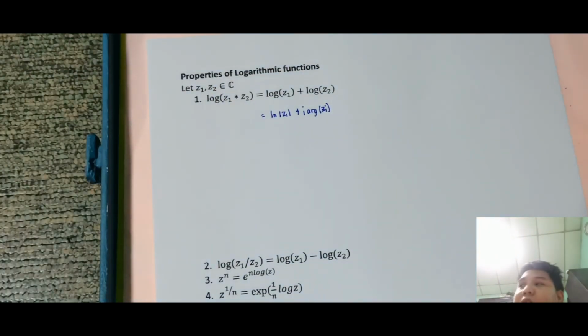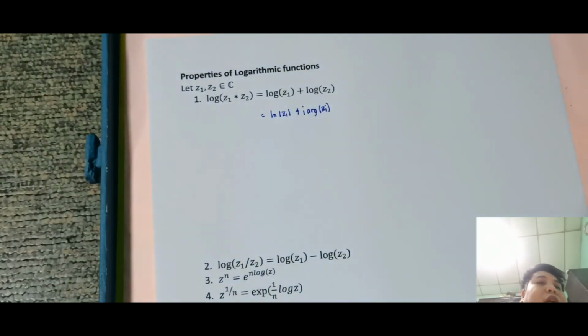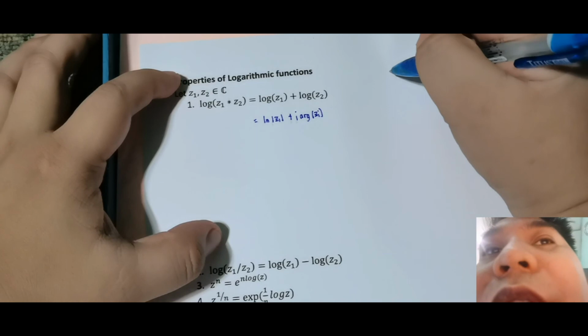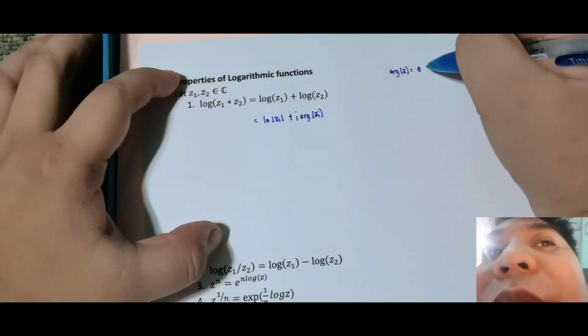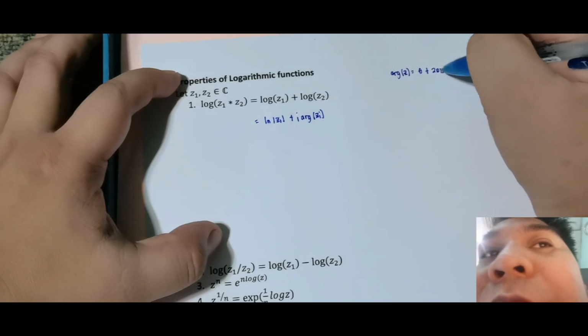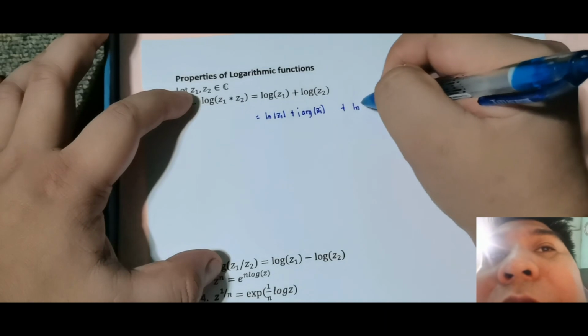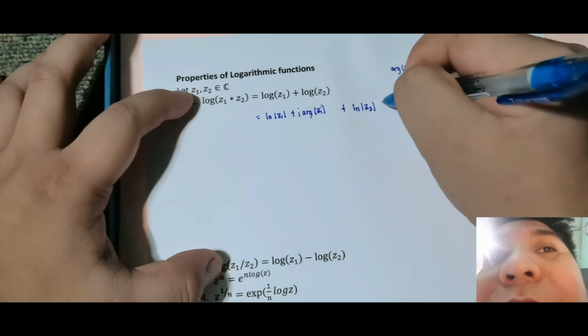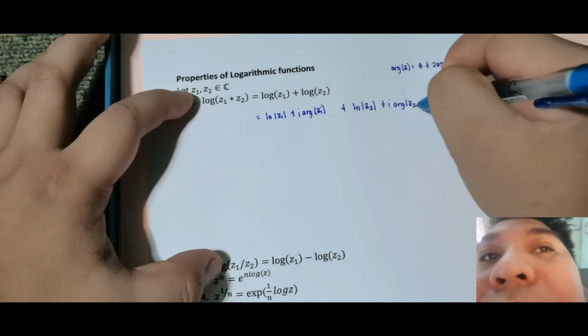Tama? Sir, may i. Yes, may i yun. Kung naalala mo, ano yung ibig sabihin ng arg of z1? Arg of z1 means yan yung theta, principal argument plus 2n pi. Okay, yun yung ibig sabihin ng arg of z: arg of z is equal to principal argument plus 2n pi. Okay, then this is plus ln of z2 plus i arg of z2.